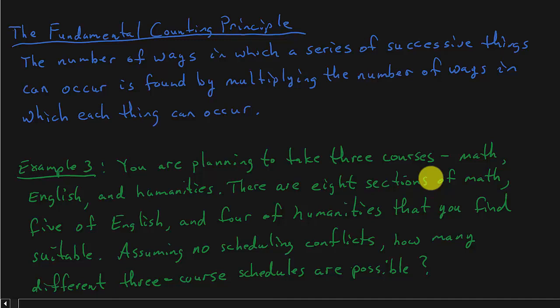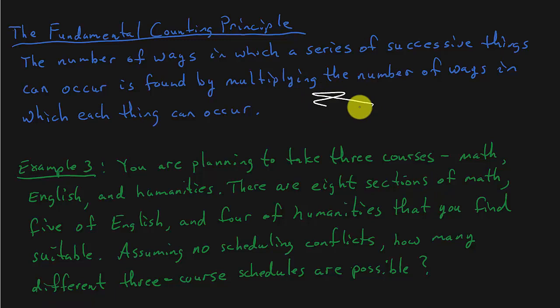The fundamental counting principle says the number of ways in which a series of successive things can occur is found by multiplying the number of ways in which each thing can occur. It's just like what we did with two. This applies for everything: however many things you're choosing from, you just multiply the number of ways of each one.